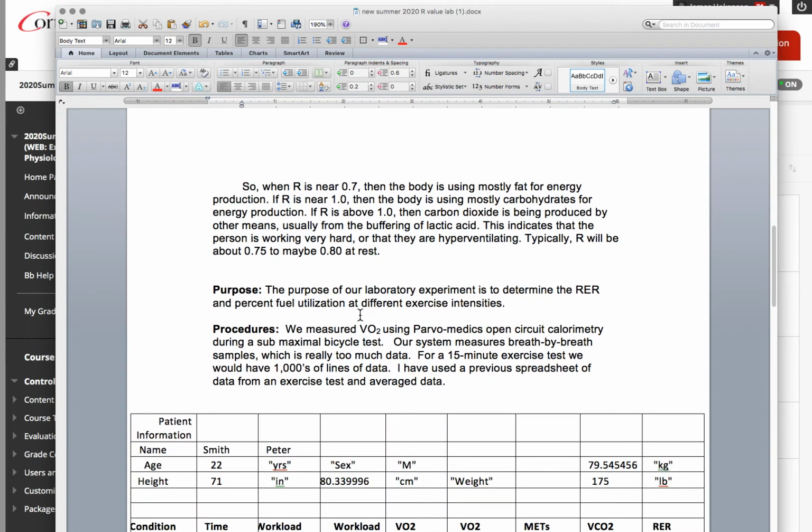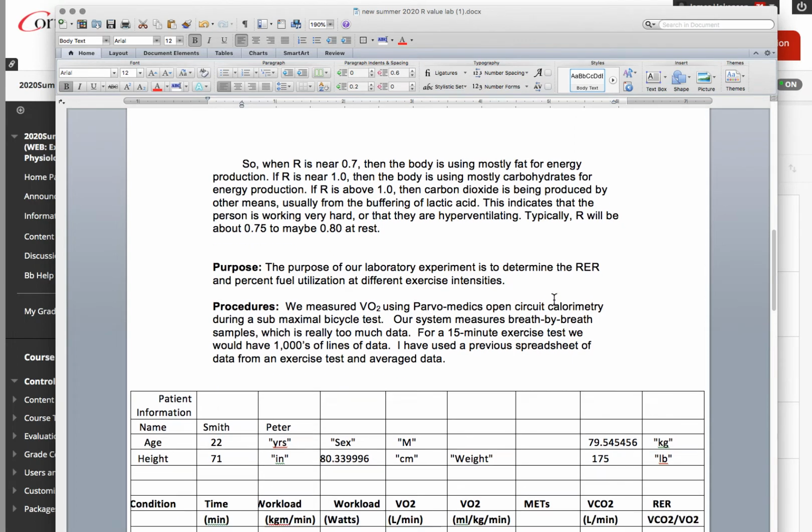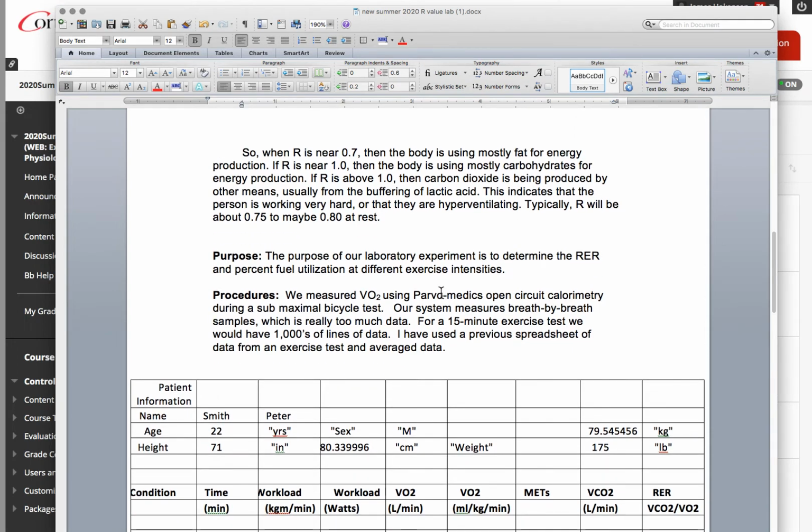So I'm going to ask you to look at averages of data from a spreadsheet, and I copied it into the lab. Then determine the R value, and then determine the percent fuel utilization. We use what's called a ParvoMedix open circuit metabolic cart. And again, it's worth it to look at those videos from students where they explain this metabolic cart.